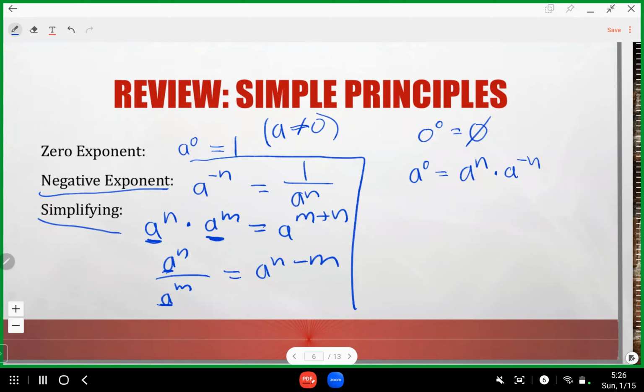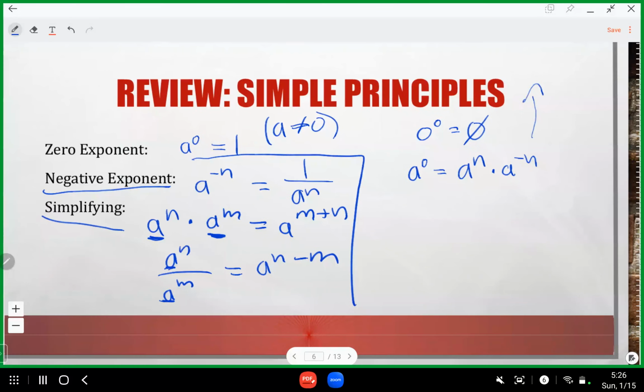Since a to the 0 is just equal to a to the n times a to the negative n, if you simplify it, this is just equal to a to the n minus n, which is equal to a to the 0.